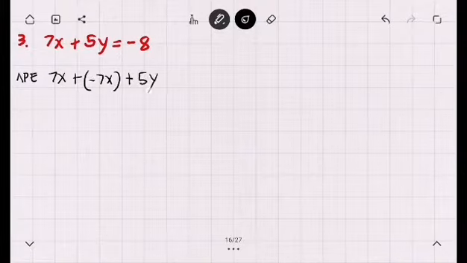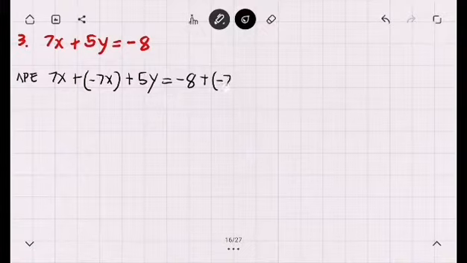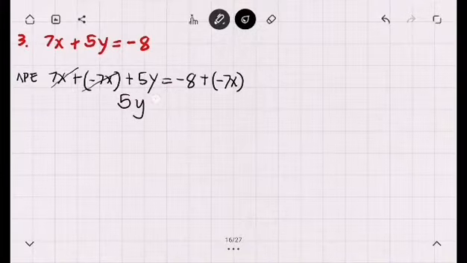Then, copy yung 5y equals negative 8. So, kung ano yung in-add sa left, so siya rin yung i-add natin sa right side. And then, proceed tayo sa pag-simplify ng equation. So, we have 7x plus negative 7x, so this will become 0. So, ang matitira sa left side is 5y equals negative 7x minus 8.